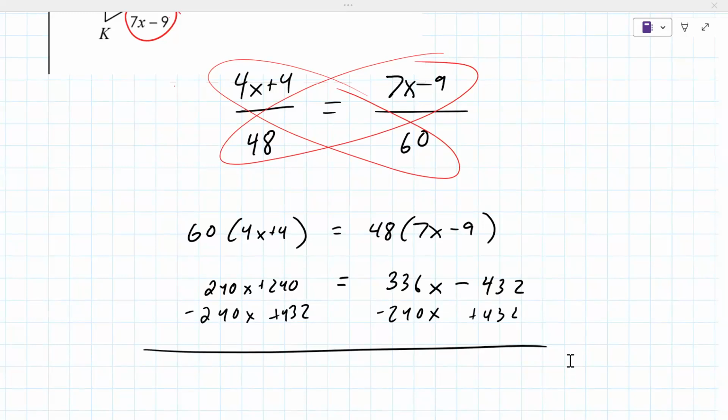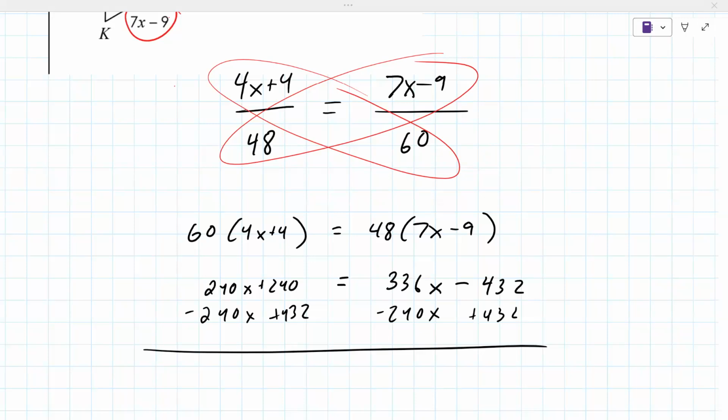432. Yes, because you want to undo the negative over here. Okay, 672. Okay, 96x.